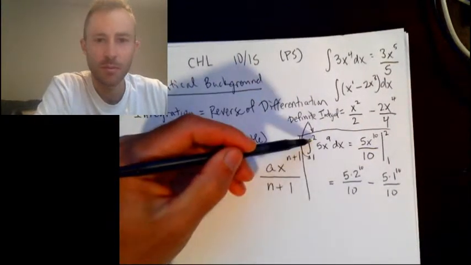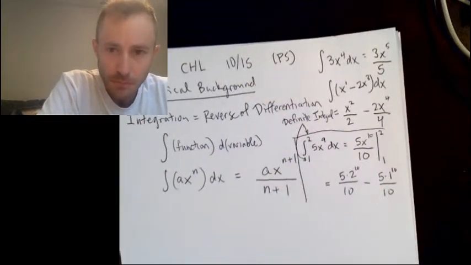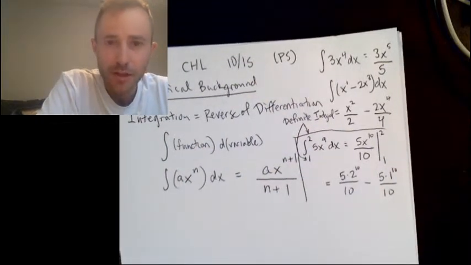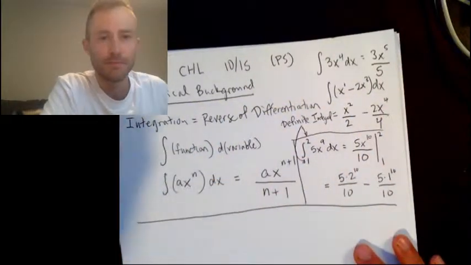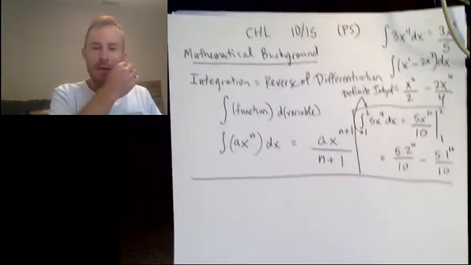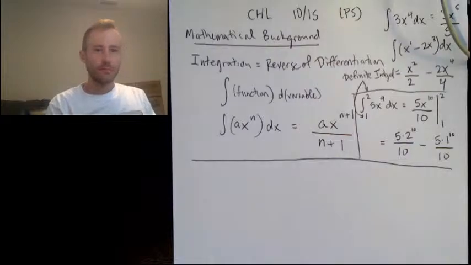So it's top number minus bottom number. That's how you do a definite integral. So we need to do integration for the lesson today.